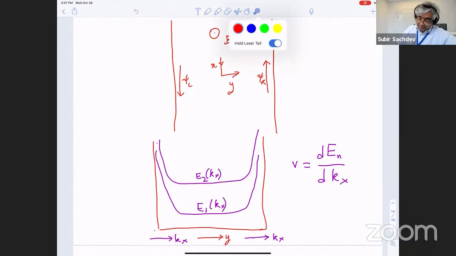In the bulk of the sample, they don't carry any current because E is roughly independent of k. But at the edge of the sample, v is going up, and that tells you in the appropriate orientation that the current is going, let's say, in the x direction, which in this case would be into the board. On this side, as a function of k, the energy is going down, and that tells you that the orientation of the current on this side is opposite, just like the top picture shows.